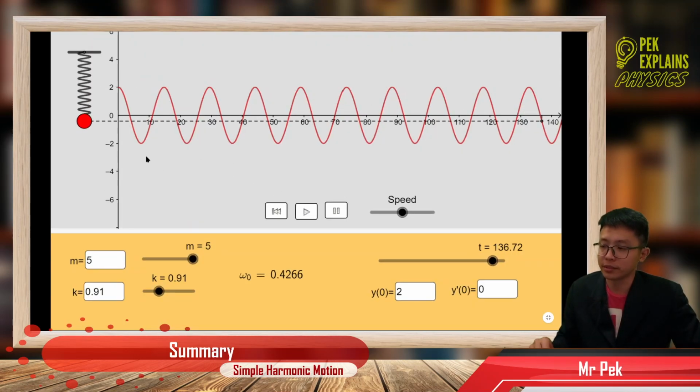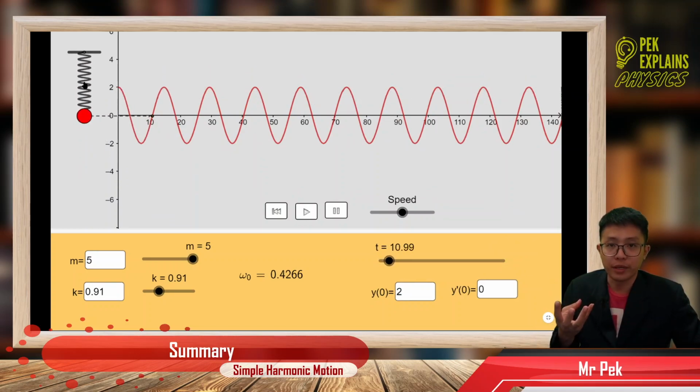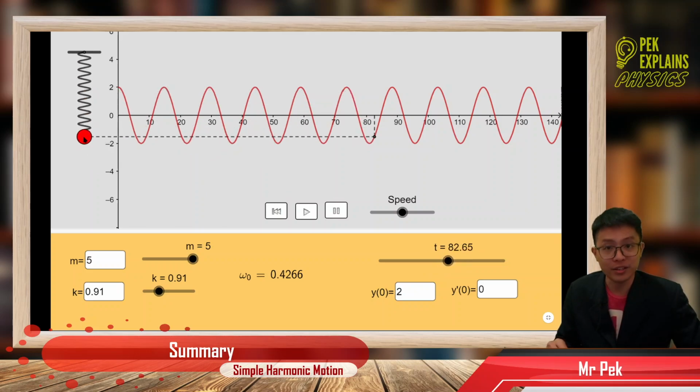Inside the spring is stored elastic potential energy. And then the mass, the object, is moving with velocity, so it also has kinetic energy, half mv square.